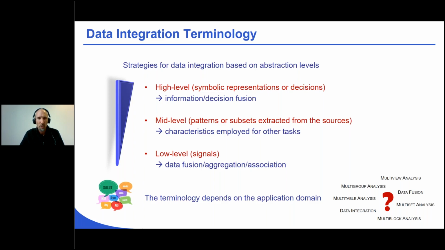In that case, you need a common observation mode, because you will consider the data matrices together. The mid-level strategy consists in the extraction of patterns or subsets of variables from each of the data matrices, and then you concatenate them, and you can then apply a traditional PCA or PLS model to get an interpretation of the global information in your data collection.